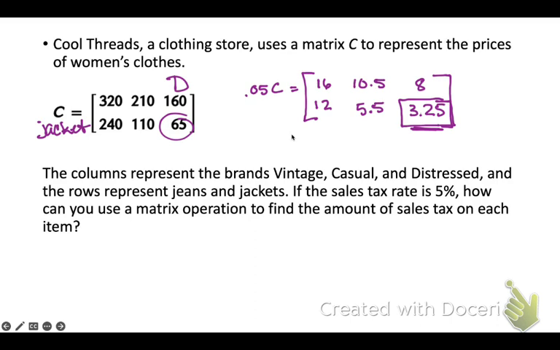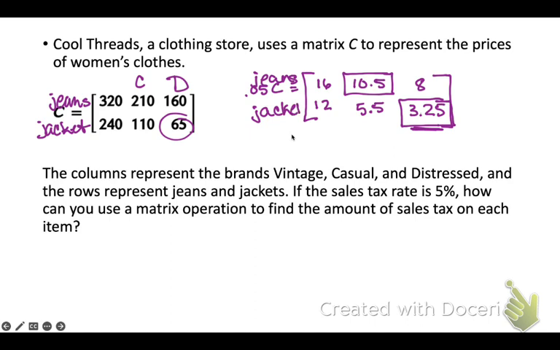So what is 10.5? That's a distressed jacket. Casual what? Casual jeans that cost $210. The sales tax is $10.50.